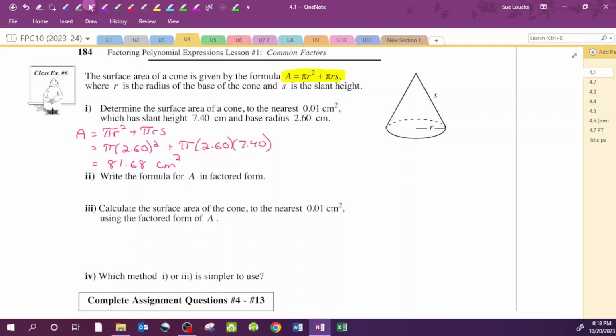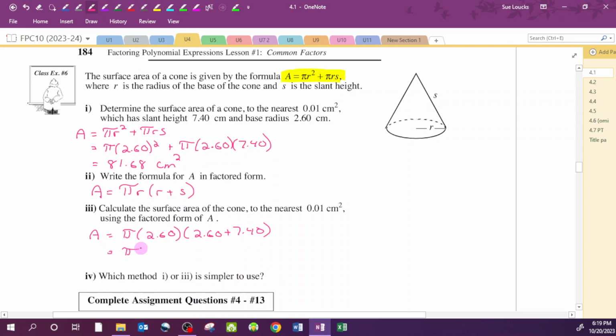Okay, let's take the formula and factor it. If I look at my formula right here, what I can factor out of that is pi r, and I'm left with r plus s. Okay, I hope you can see that. And now we're going to do the calculations. So my area is going to be pi times the radius, 2.60, times 2.60 plus 7.40.